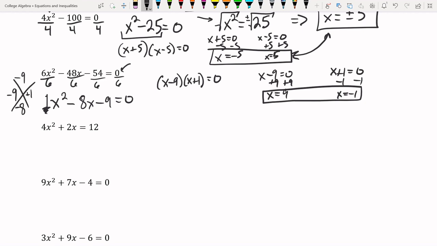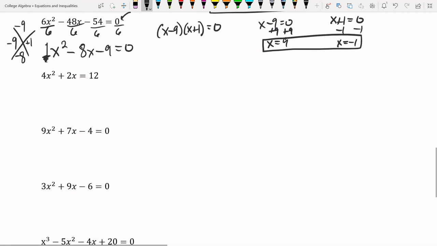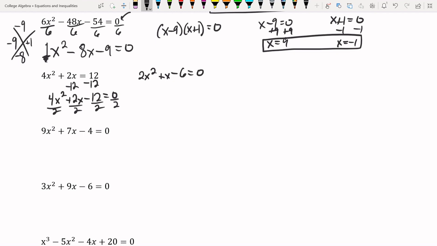This next problem, we need to solve it for 0. So I'm going to subtract 12 to the other side first. That gives me 4x squared plus 2x minus 12 equals 0. I can divide everything by 2. That gives me 2x squared plus x minus 6 equals 0.